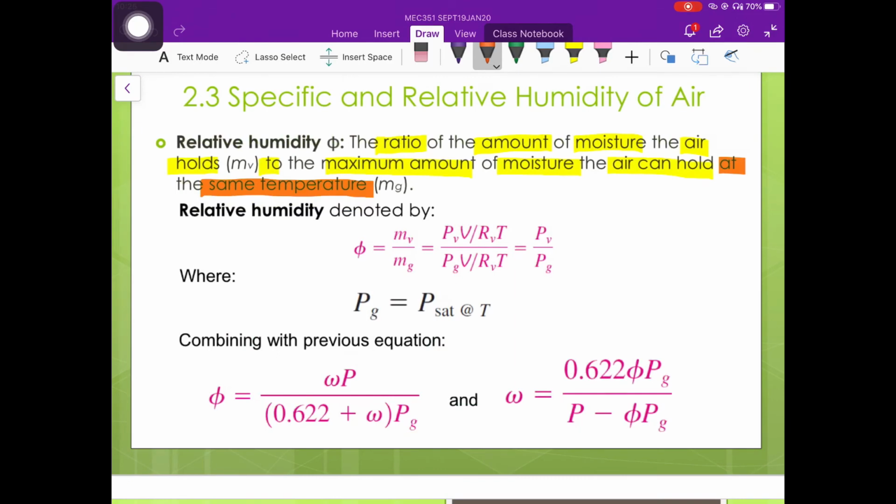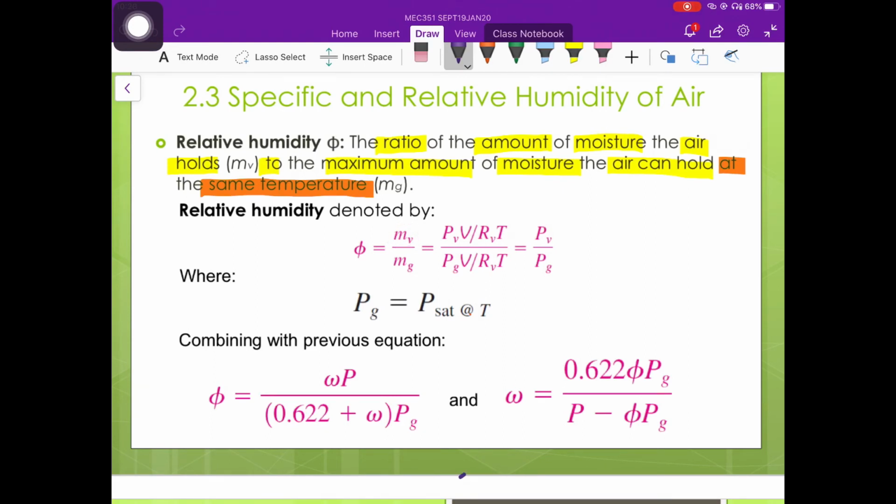For relative humidity, the symbol assigned is phi, and it is defined by the ratio of the amount of moisture the air holds to the maximum amount of moisture that the air can hold at the same temperature. The term mV is representing the mass of the water vapor that is being held by the atmospheric air at the present time.